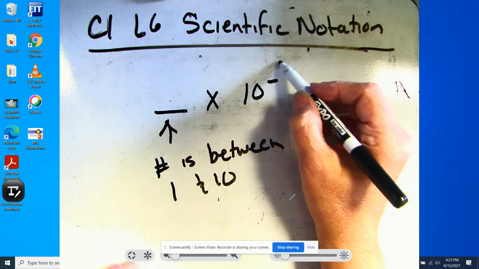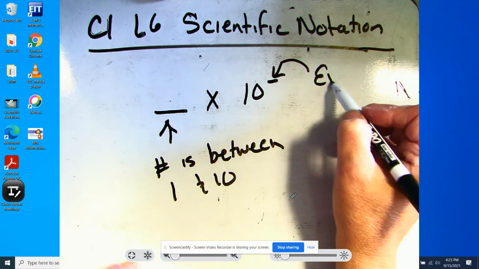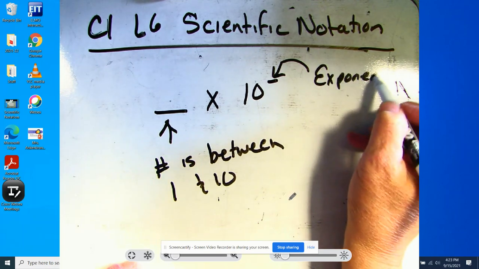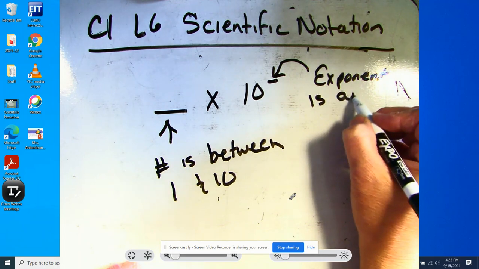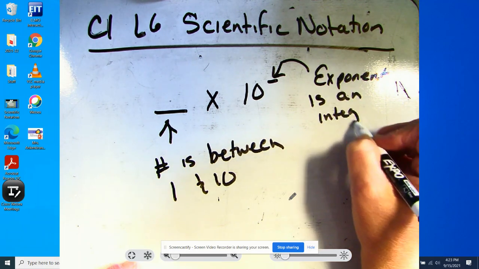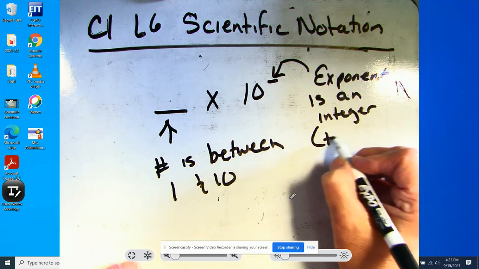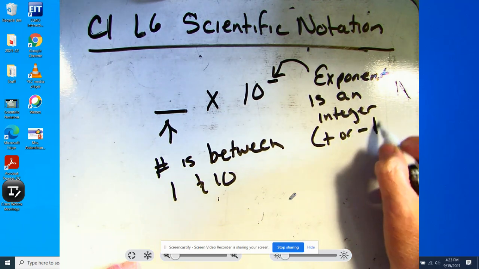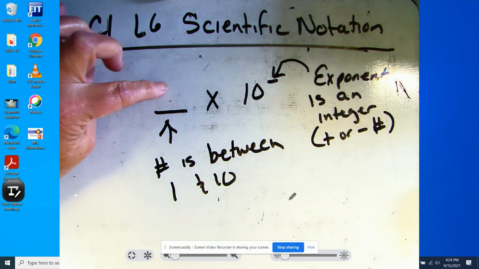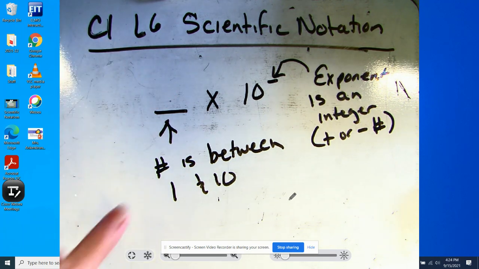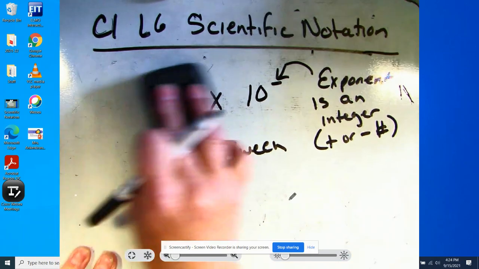The exponent here has to be an integer. Which means it's a positive or a negative number. That's what an integer is. So we can't have any decimals, we can't have any fractions. Our exponent must be either a positive number or a negative number. The number in front of the times 10 has to be between 1 and 10.